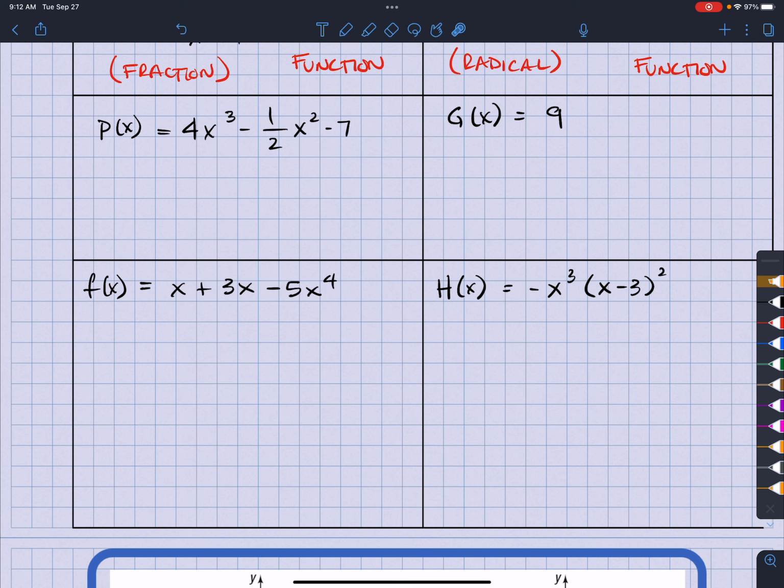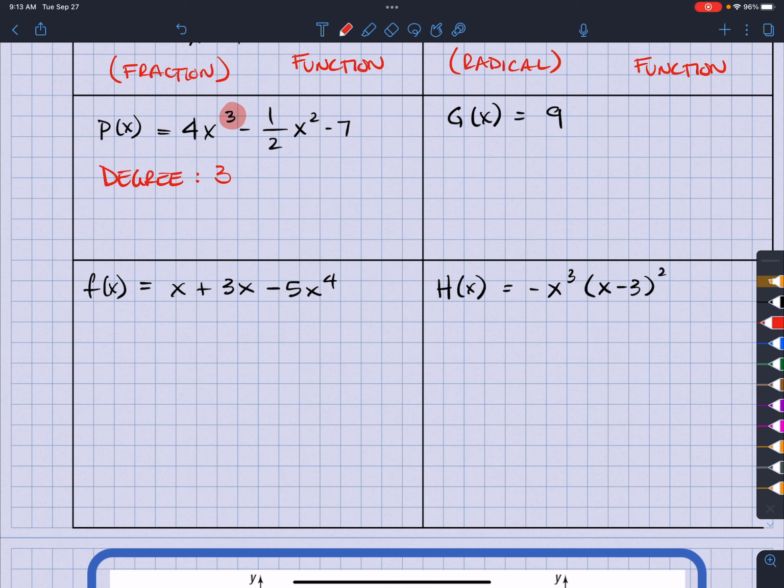All right, so here we are in standard form from the highest to the lowest power. Here the degree is 3 because the largest power is a 3.